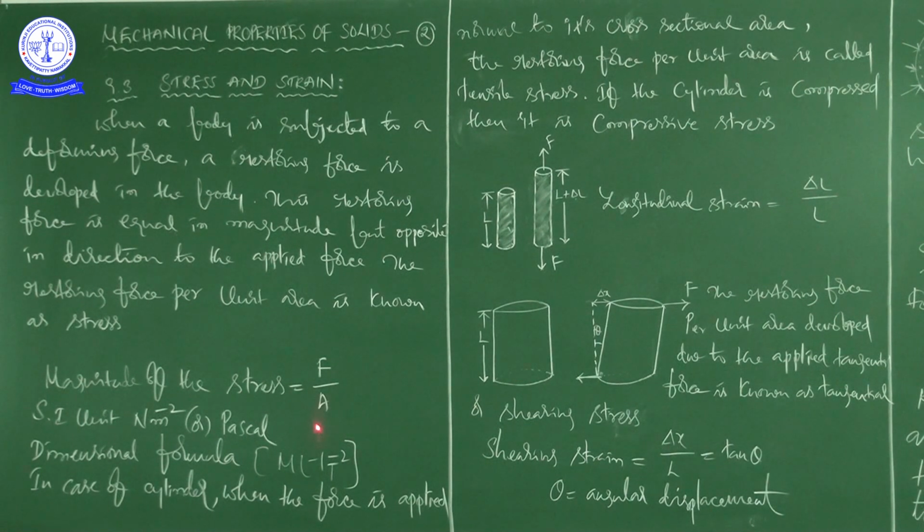Regarding the formula, the magnitude of the stress is equal to force by area. Right? So what is F? F is the force applied. What is A? The area of cross section of the body.